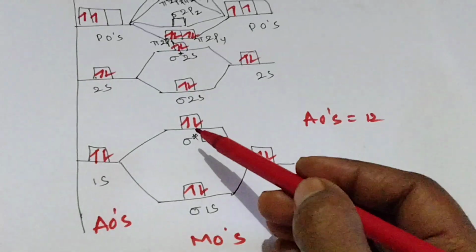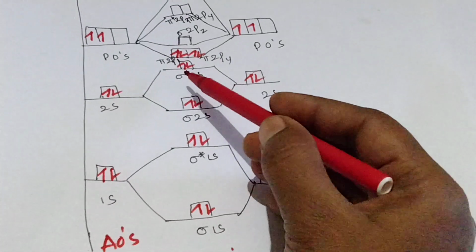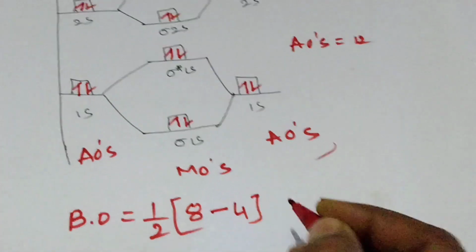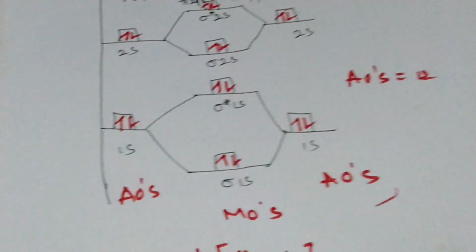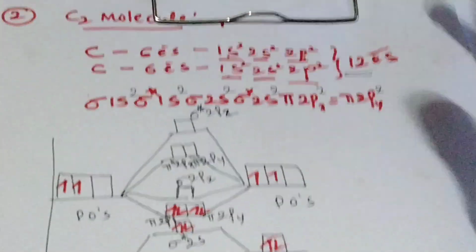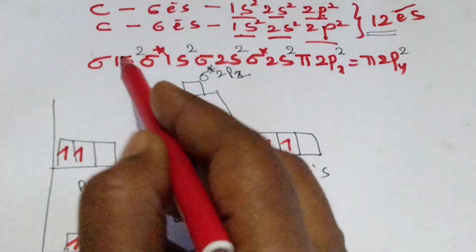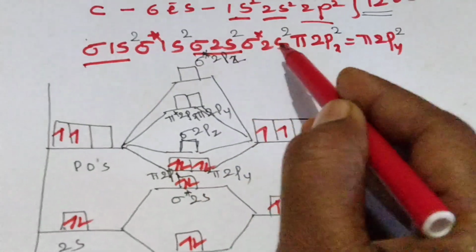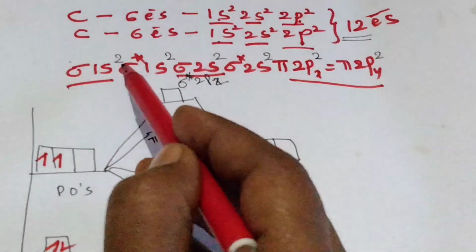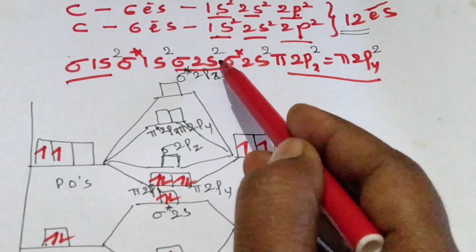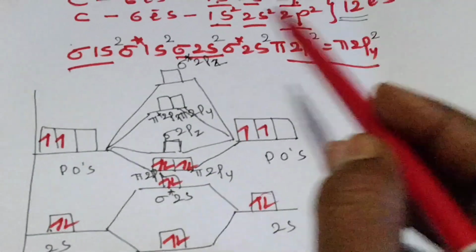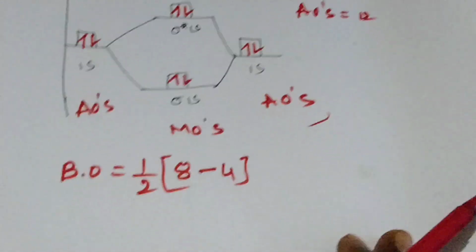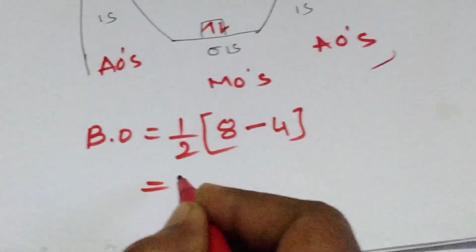Then in the antibonding, 2 plus 2 is 4. Okay, it is 4, right? So you can count the number of electrons here also. These are bonding molecular orbitals, right? 2, 4, 6, 8. In the antibonding we have 2 plus 2, 4. So now calculate.